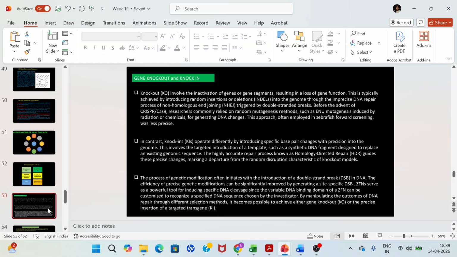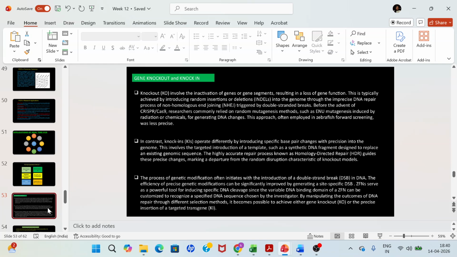Knockout involves the inactivation of genes or gene segment, resulting in the loss of gene function. This is typically achieved by introducing random insertions or deletions into the genome through the imprecise DNA repair process of non-homologous end joining triggered by double-stranded breaks.